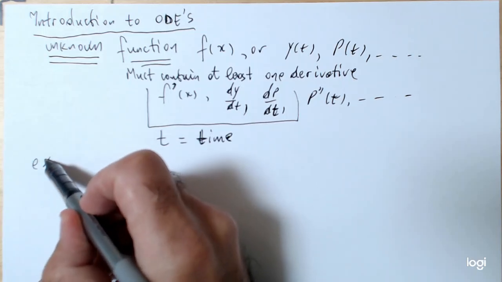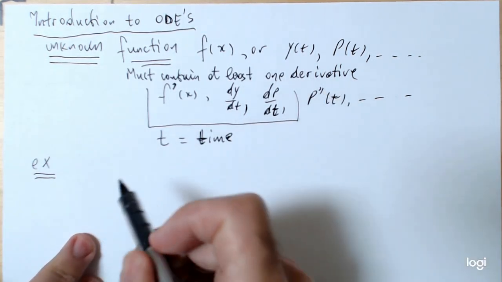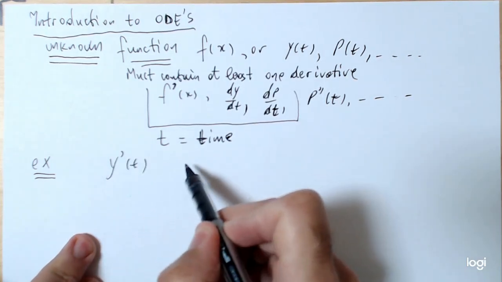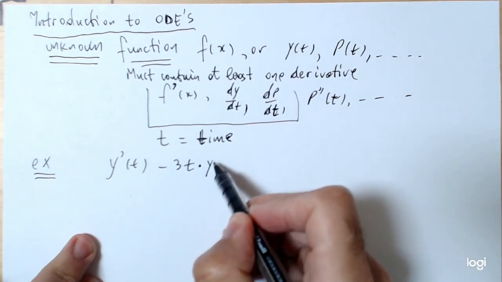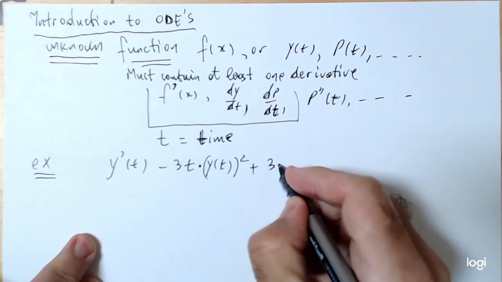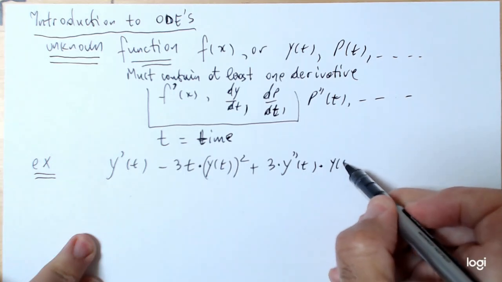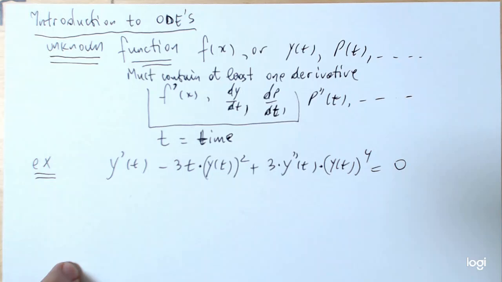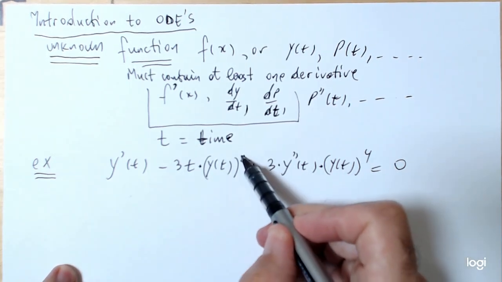So if we give an example of a differential equation, let's say you write a differential equation that involves the first derivative of y, and then it's minus 3 times t times y of t to the power 2 plus 3 y double prime of t times, let's say, y of t to the power 4 equals, let's say, 0. I don't know. This is basically just random stuff, because I'm not intending to solve this, obviously.